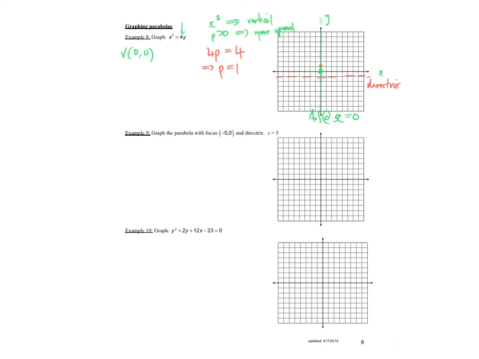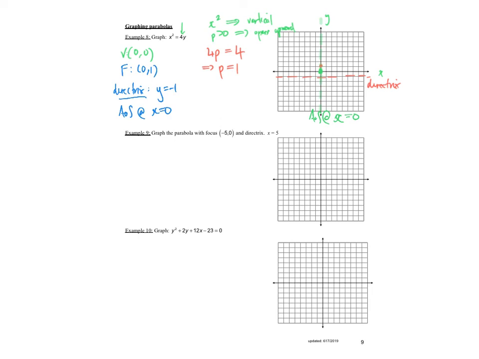So let's record this information. We know the focus is at 0, 1. The directrix is at y equals -1, and our axis of symmetry is at x equals 0.